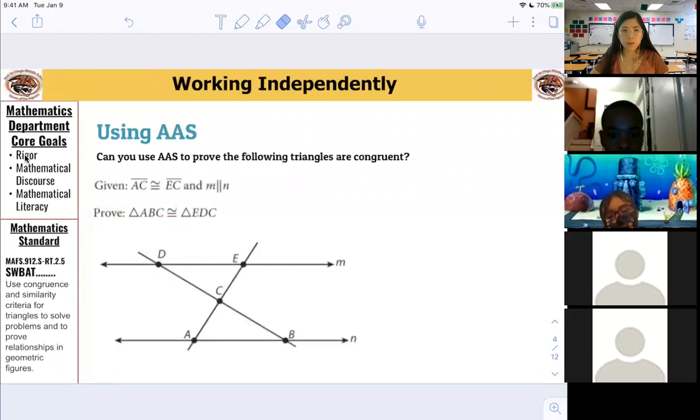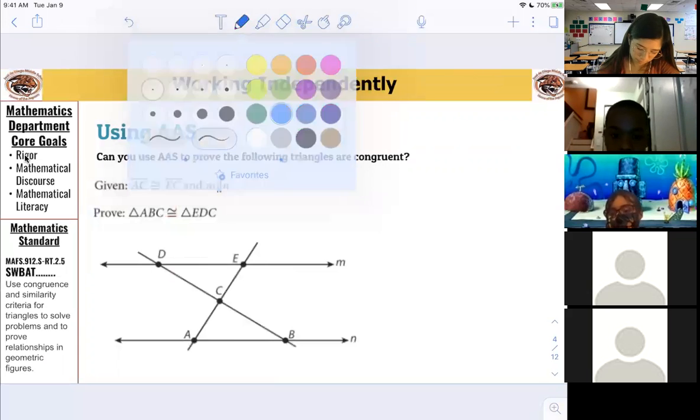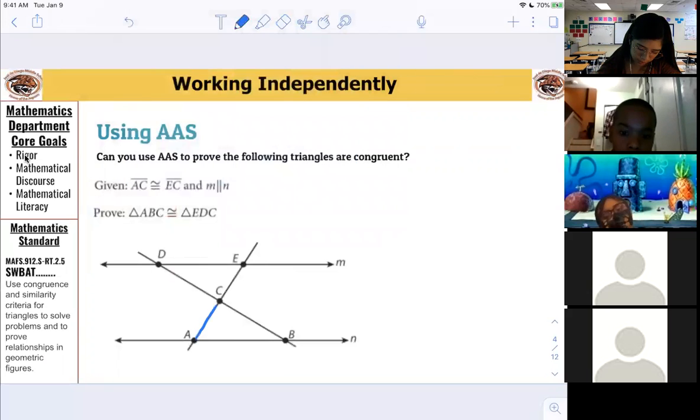Okay. So let's see if we can use AAS in this example. So I am given that AC is congruent to EC. So AC and EC. And I know that M and N are, what's that symbol?